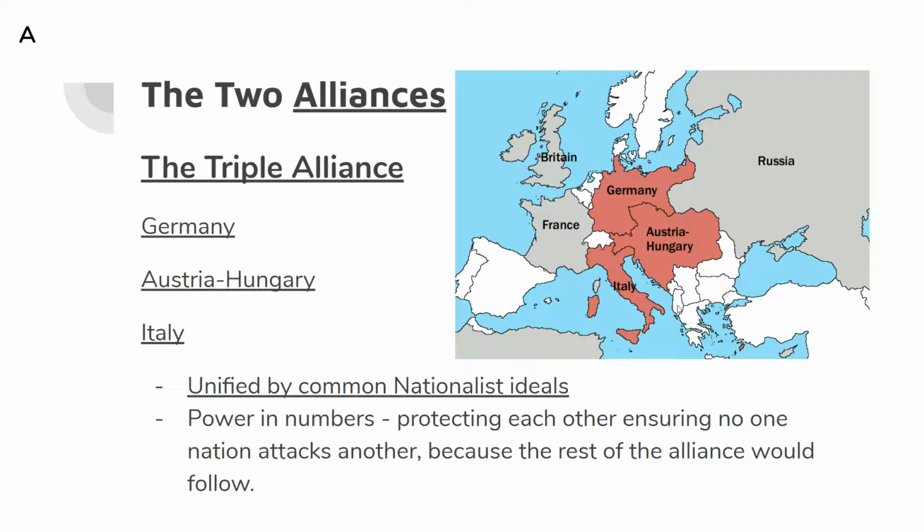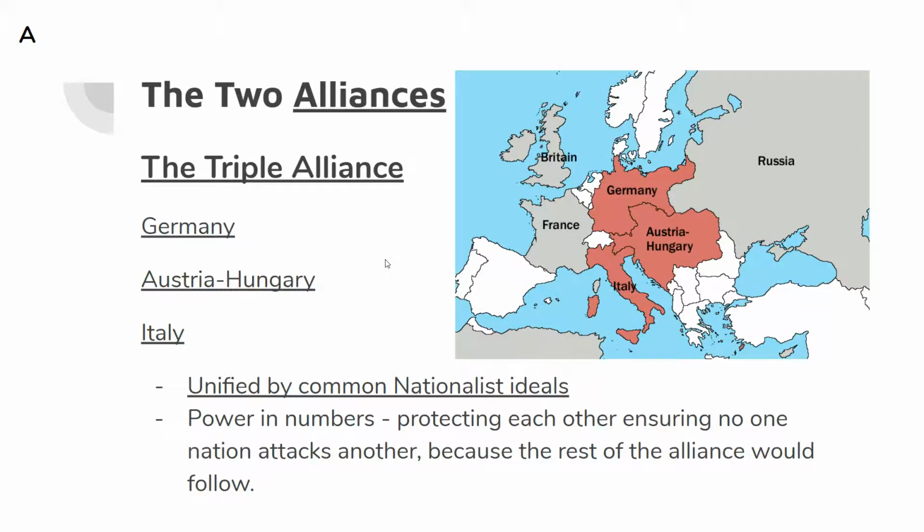Now, these countries, we've talked about them a little bit together, especially Germany and Italy, right? Way back when we talked about them being unified by this common sense of nationalism, right? The German people had come together as one country. The Italian people had come together as one country. And they realized that as kind of the new kids on the block, right?